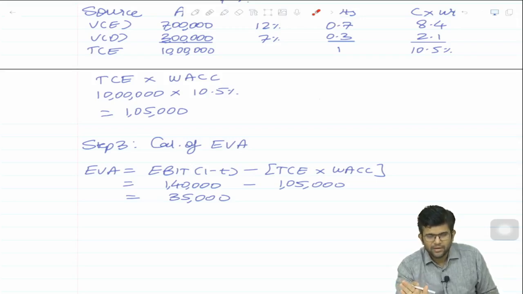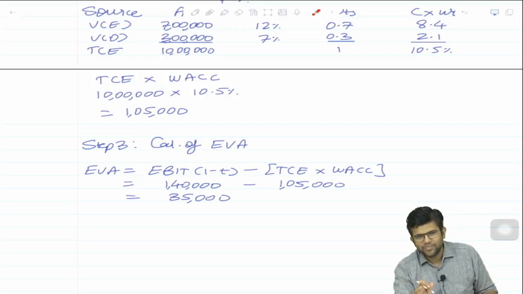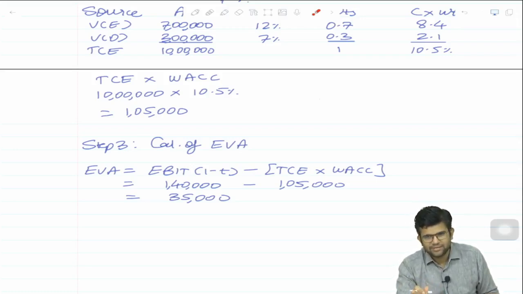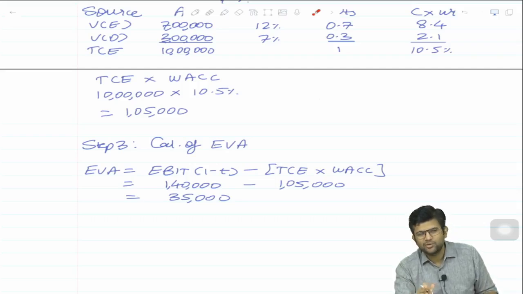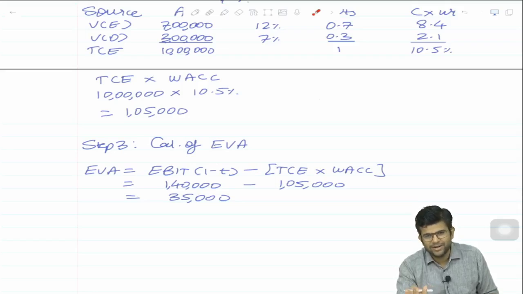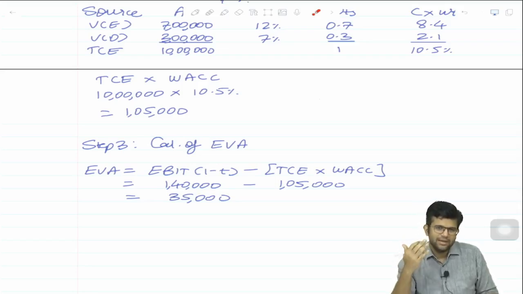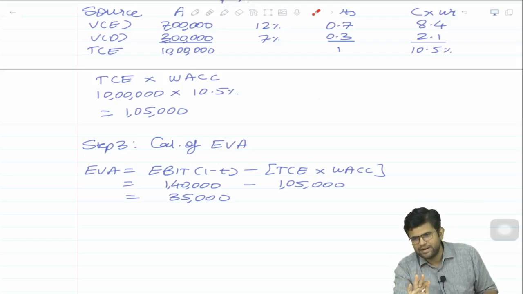So you want before interest but after tax. But before interest means you can't take EBIT, because EBIT is before tax also. Then let's take NPAT? No, you can't take NPAT because it is after interest. You need a middle ground. That is why they have taken EBIT before tax and then multiplied by 1 minus t. Everybody clear till here?